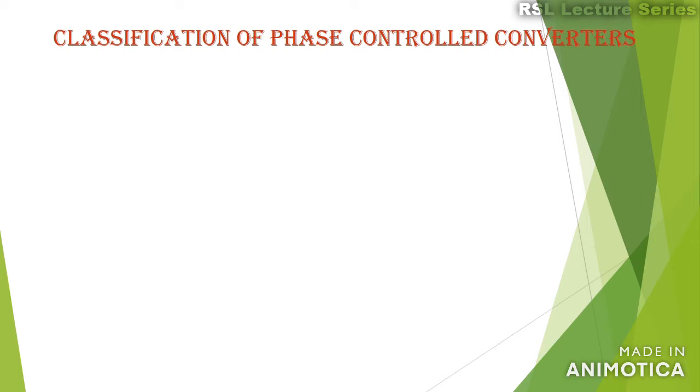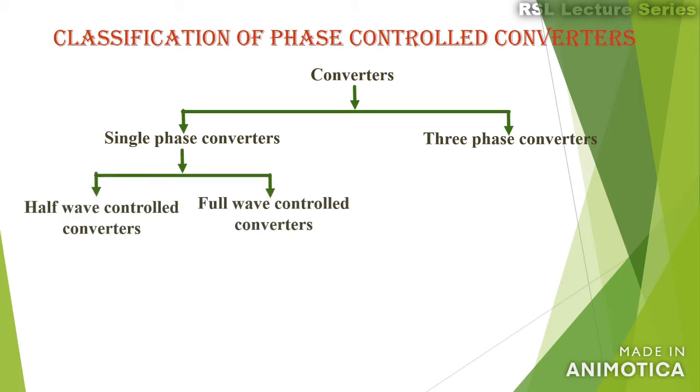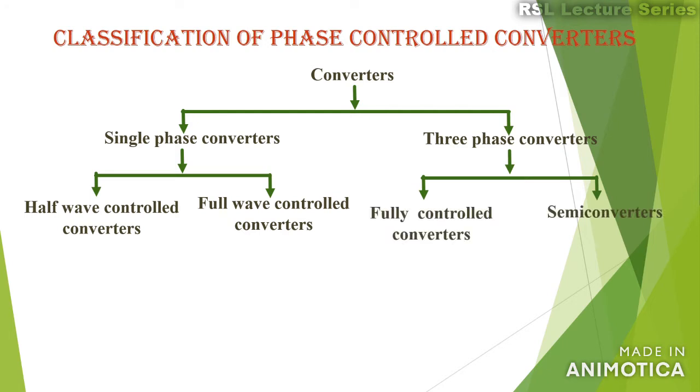Now we'll see the classification of phase controlled converters. These converters are broadly classified into two types: single phase converters and three phase converters. Again, the single phase converters are classified into half wave controlled converters and full wave controlled converters. Similarly, three phase converters are further classified into fully controlled converters and semi converters.